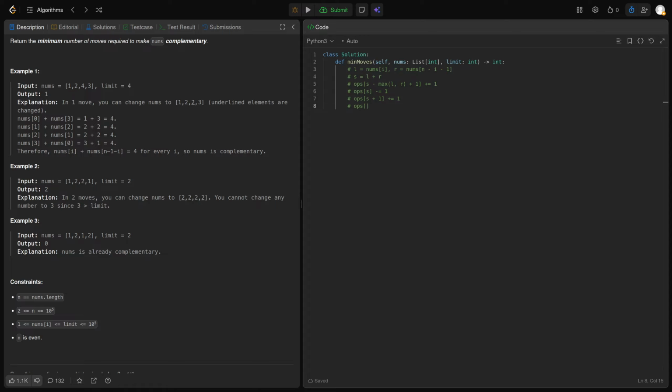And then, the best we can increase in one op is S plus limit minus min(L,R), and then plus 1. Otherwise ops 2 is 2, that would take one more operation, right?